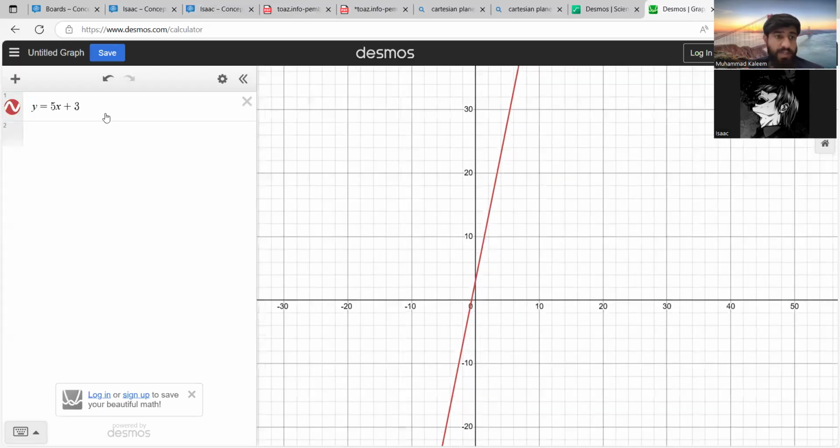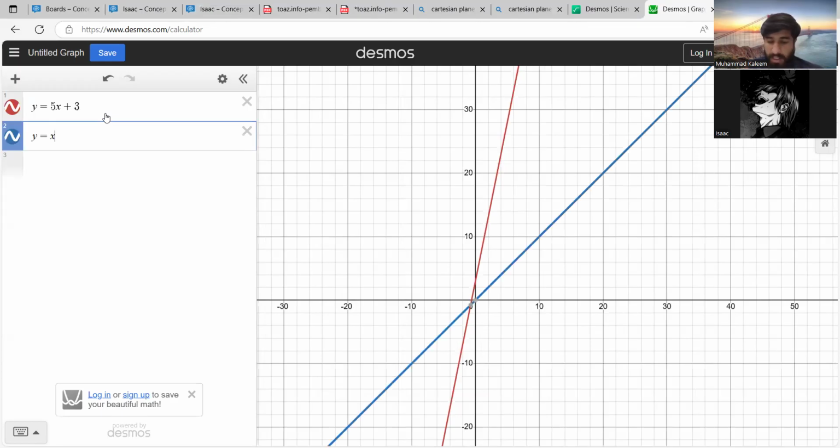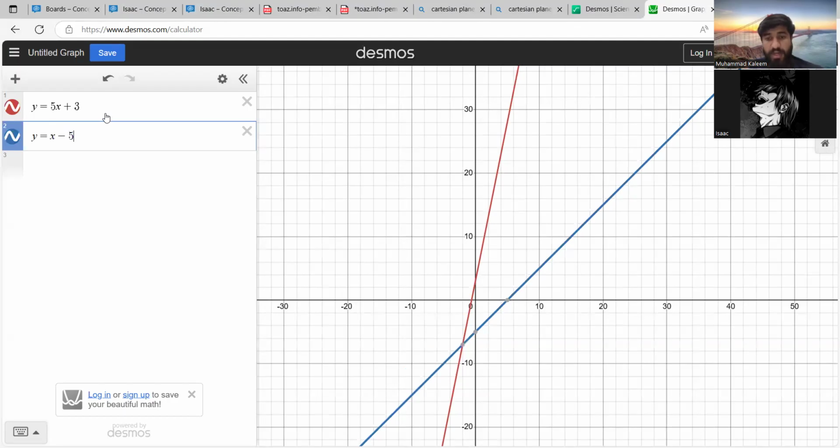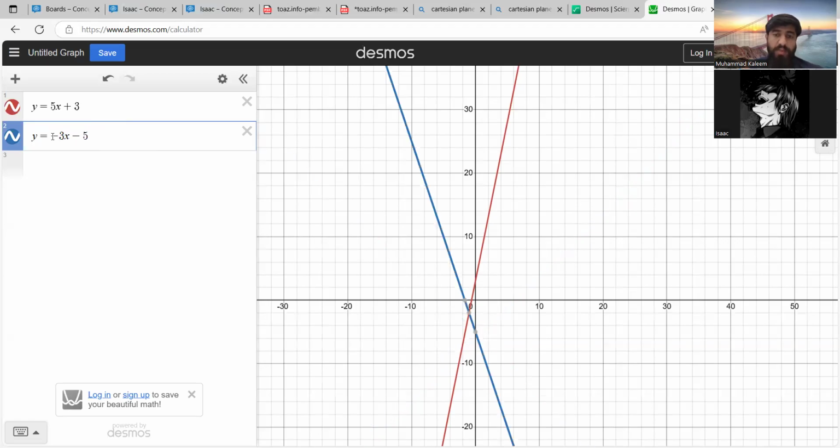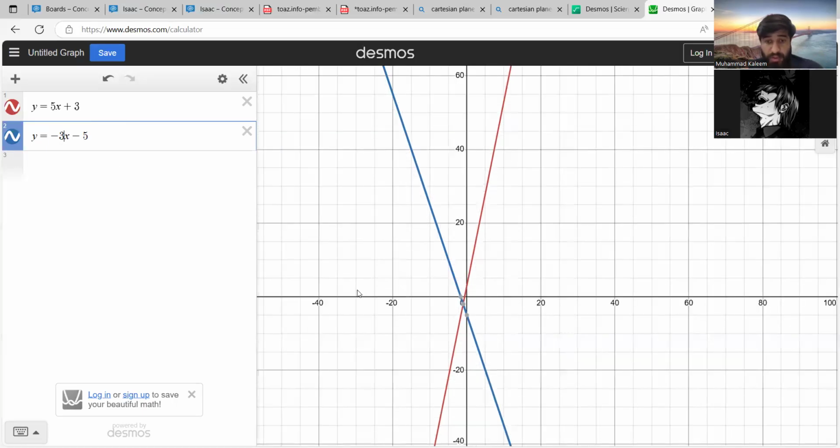And if I sketch y is equal to x minus 5, its graph will be like this. And minus 3x, it will be like this. So whenever you sketch a linear equation, I'm not talking about any other kind of equation, it will be a straight line. A linear graph means a straight line.